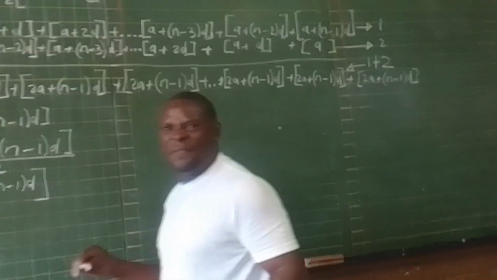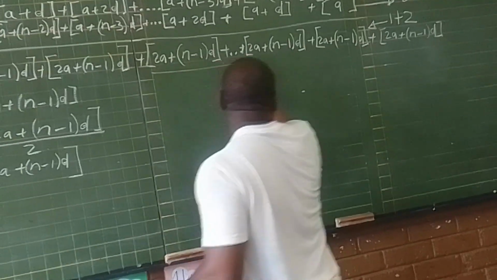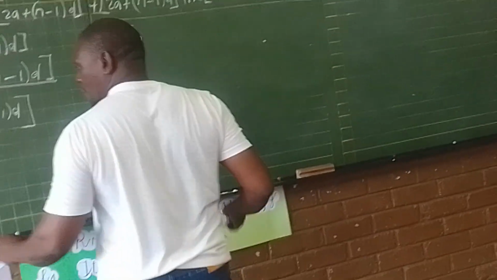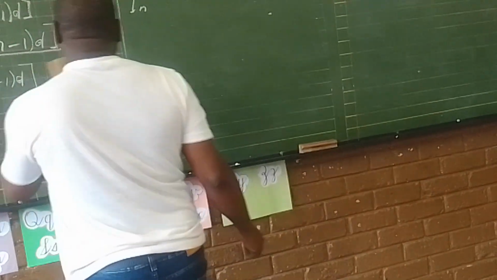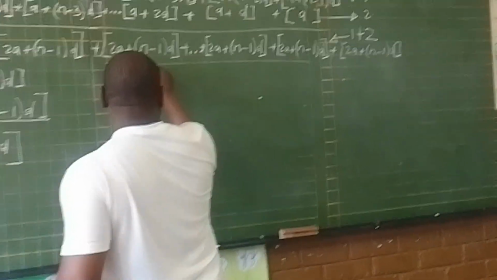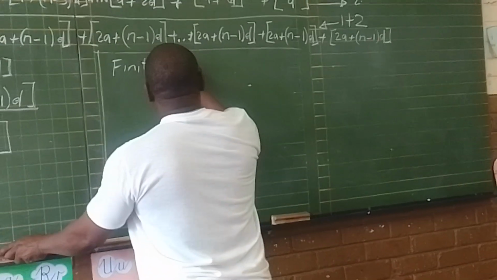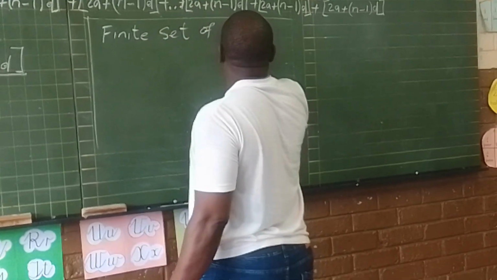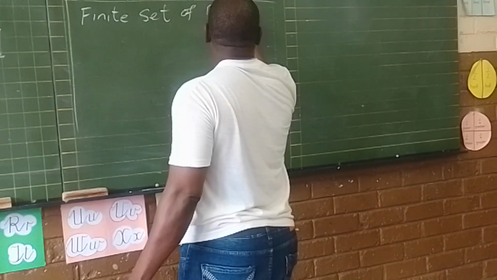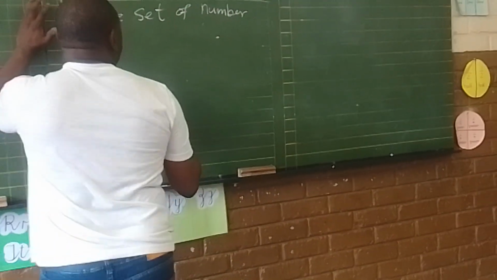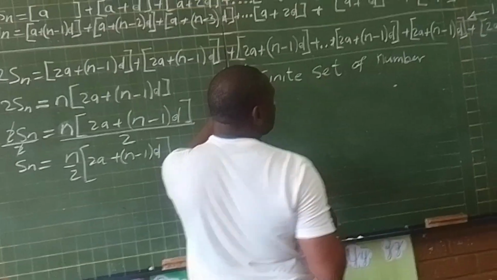Right, we can use the very same technique here to find it if we have the last term as known, when we can use the infinite set of series. We have up until the last term.